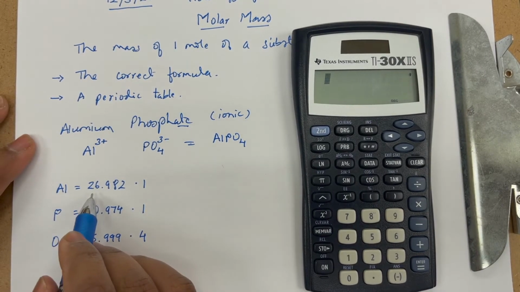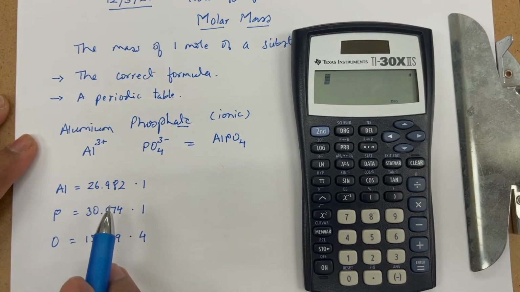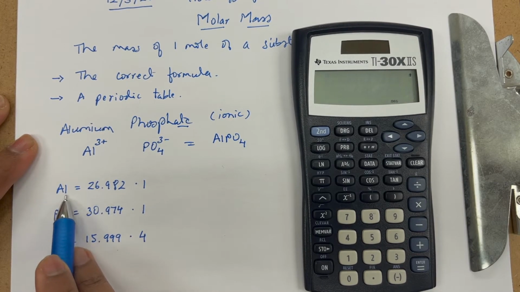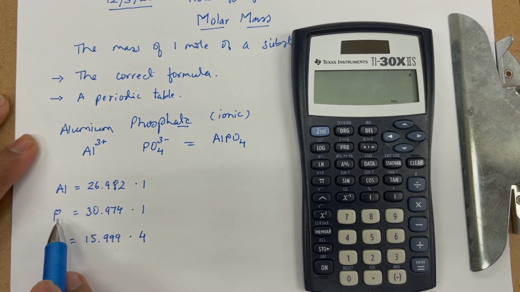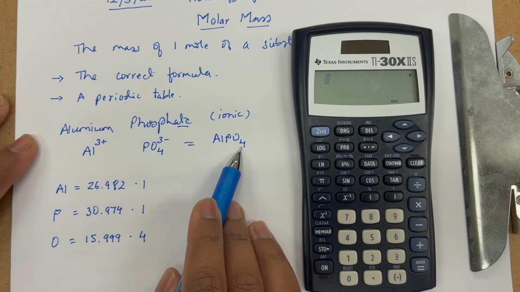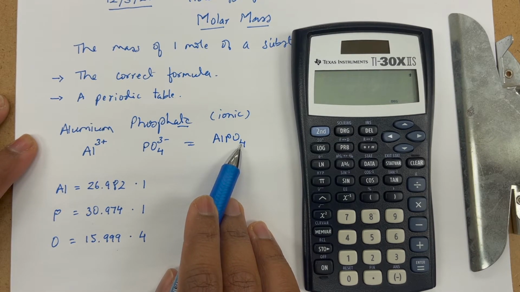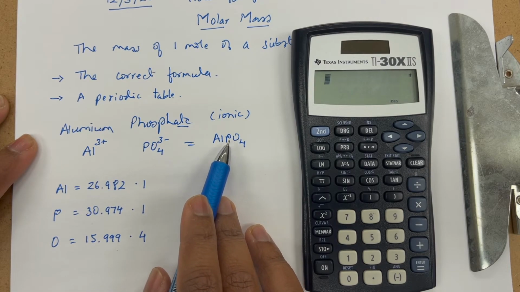I got these from the periodic table. I used the one that I will be providing on this post. And so the molar mass of aluminum is 26.982, phosphorus is 30.974, oxygen is 15.999. I multiply the oxygen by 4 because there is a 4 on the bottom of O. We have to be careful to not multiply the P. Okay, this 4 only belongs to O, it does not belong to P.